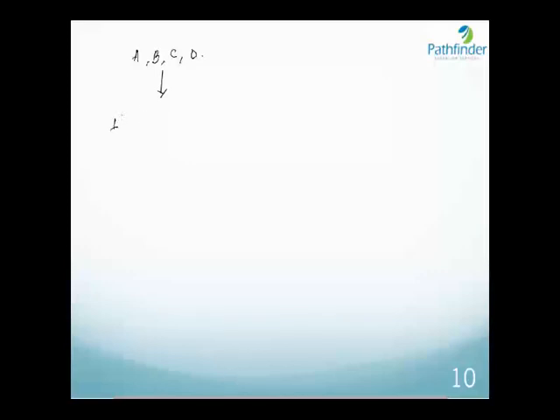Group number one, that is A, B, C. We could have group number two, that is A, B, D, or maybe group number three, A, C, D, and group number four, which is B, C, D. So you can very well see that these are the only four groups of three that you can select from these four, A, B, C, and D.